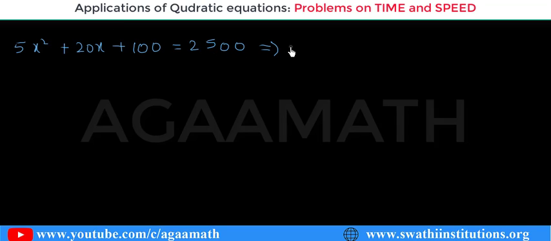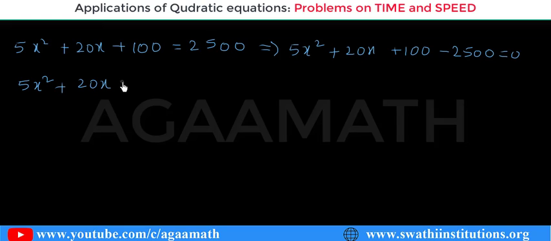Now I move 2500 to the left side, that is minus 2500 equals 0. Simplifying, I get 5x square plus 20x minus 2400 equals 0. Now I divide each term by 5.